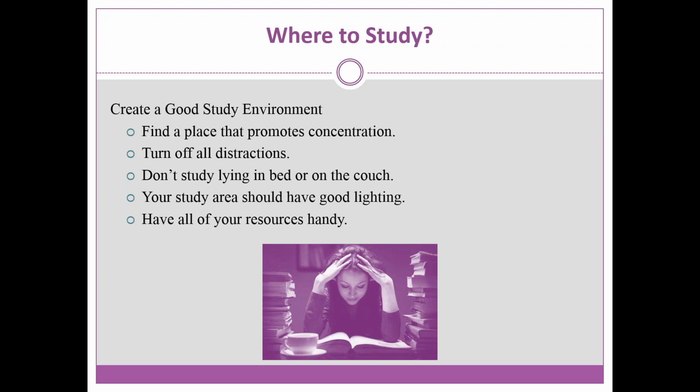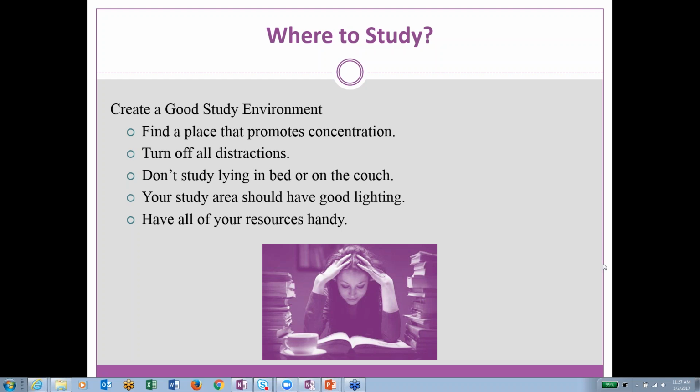The same goes for if you're studying 9 to 10 p.m. and you decide to study lying in bed or on the couch, you could fall asleep, and that is also a distraction. I like to recommend that a study area have a nice sturdy chair where you can sit up properly, and then you also have a window with some good natural lighting to help keep you awake. So as you consider where you will prepare for the exam, you can document this on your personalized study plan.